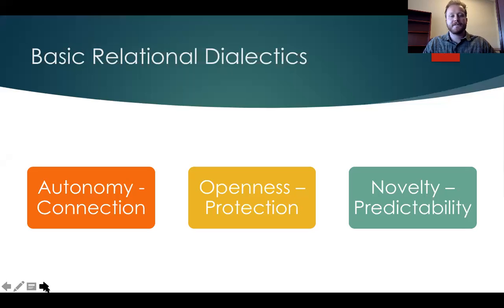Some basic relational dialectics: there are several that have been theorized and developed, but what we're going to focus on and apply later in our activity today are these three basic dialectical tensions. First, autonomy or connection: how independent do you feel versus how deeply you want to connect. We can look at this in a variety of different relationships. How much me time do you need in a relationship versus how many situations where you want to communicate and interact together with possibly your romantic partner or a friend specifically?